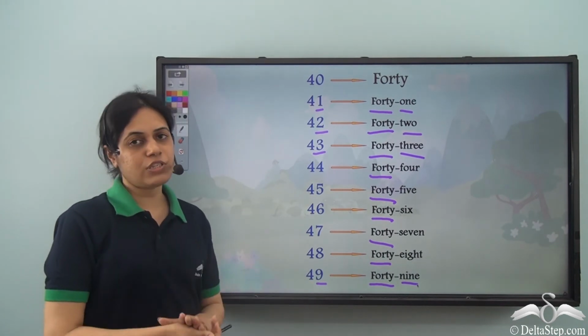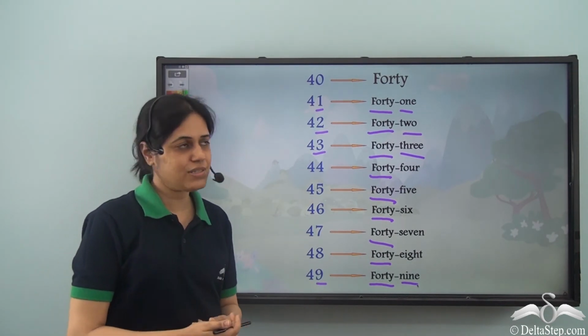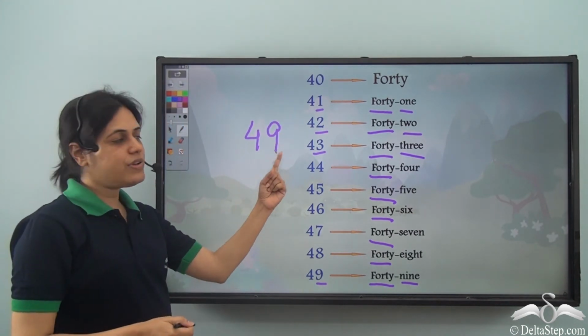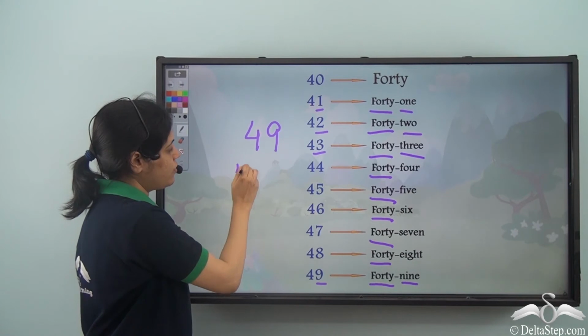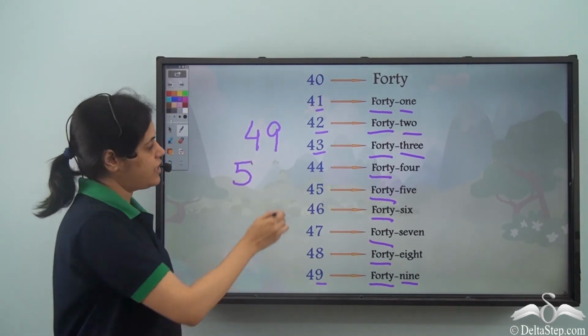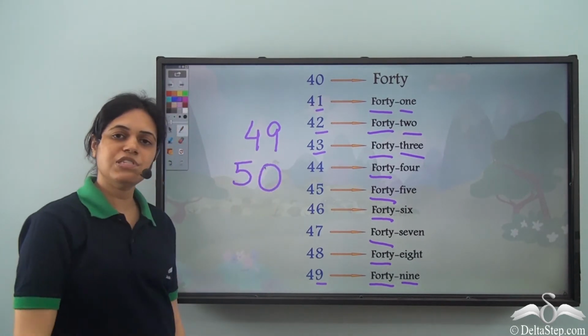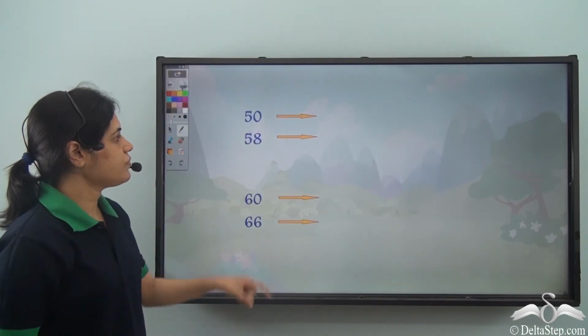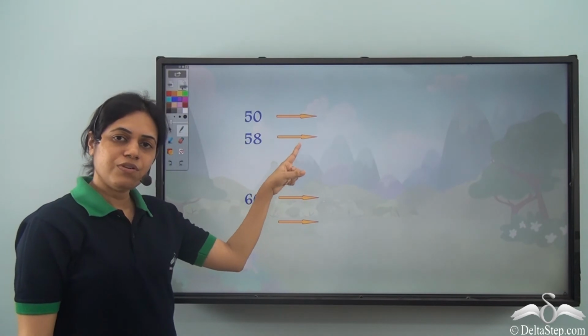What happens after 49? Quite simple, isn't it? So 49, Mr. Trouble makes 4 give way for 5, and we have a 0. So this is 5, 0, right?